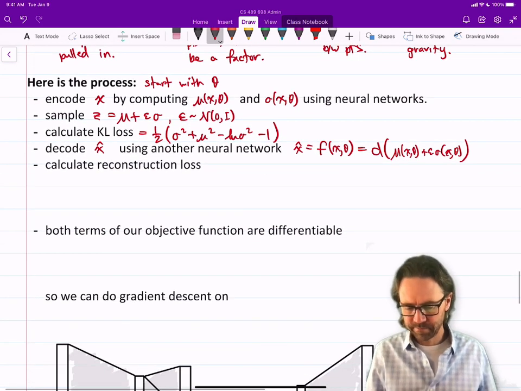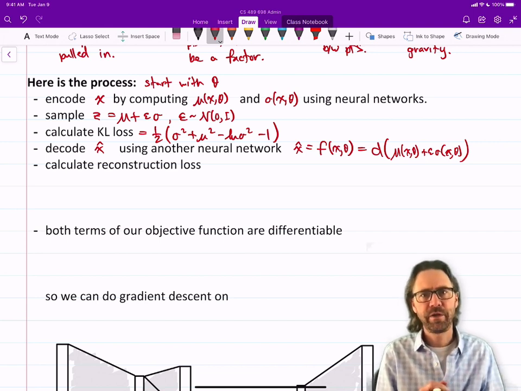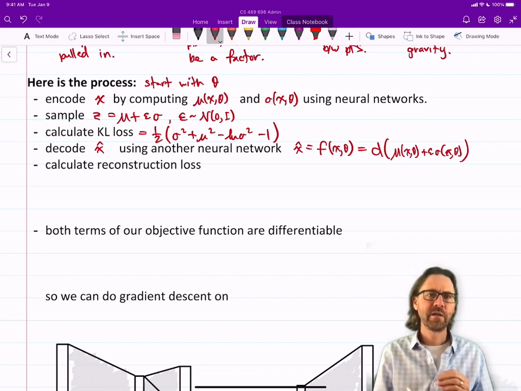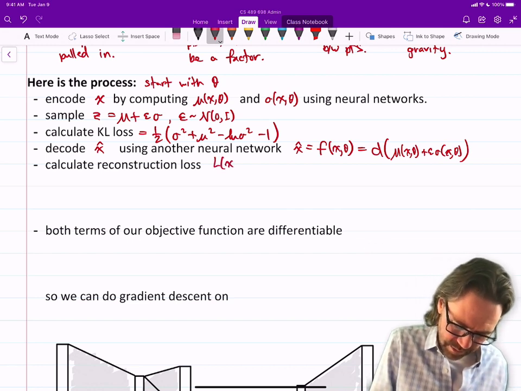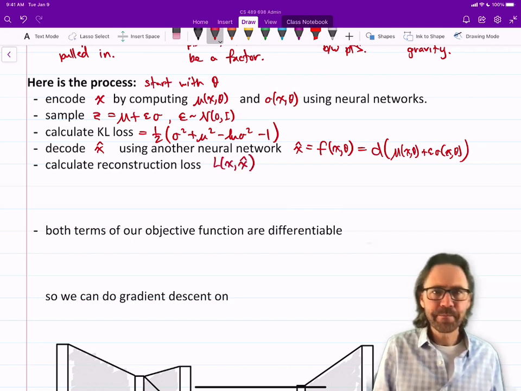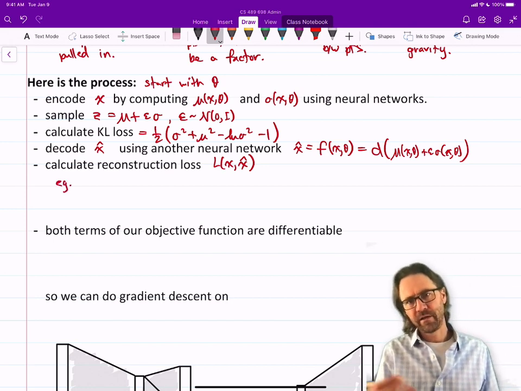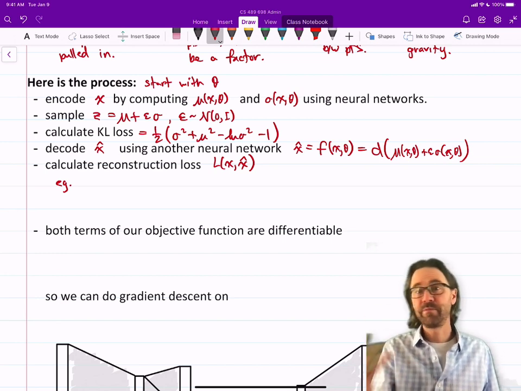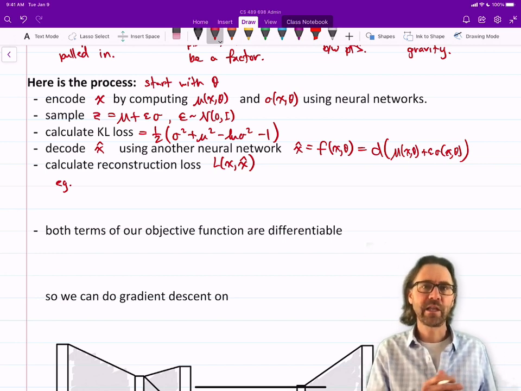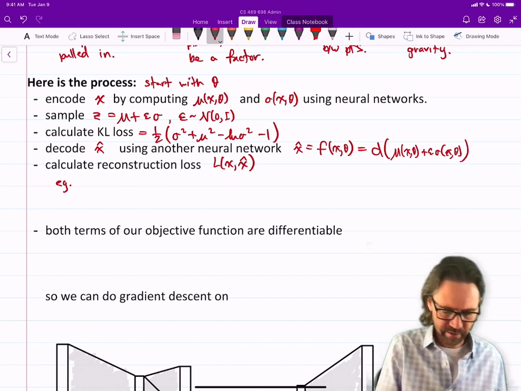So we reconstruct our approximate output. Then finally we calculate the reconstruction loss, L, the difference between x and x hat. For example, if our output distribution is assumed to be Gaussian, the negative log likelihood of that gives us mean squared error.